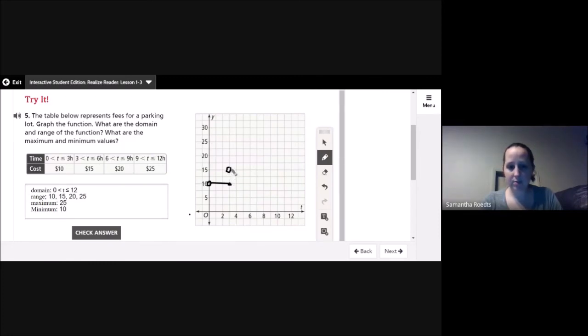So open circle, closed circle, line. Okay.